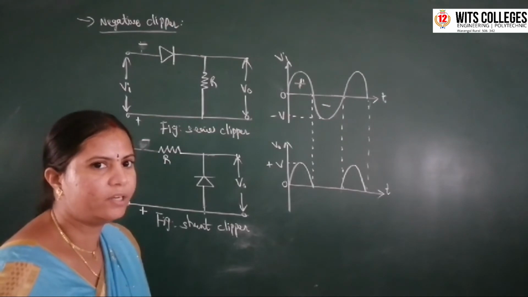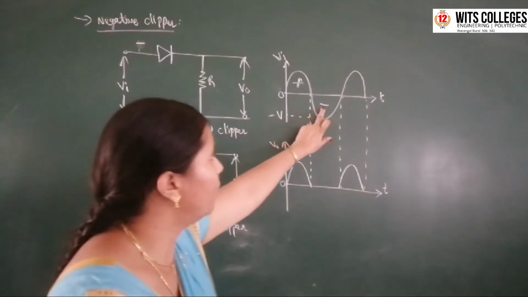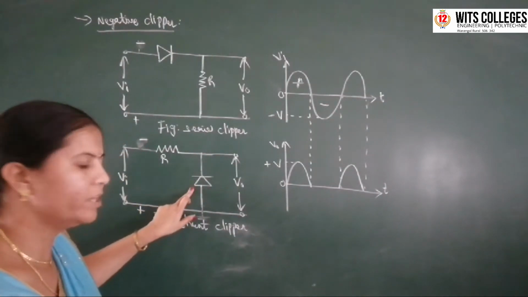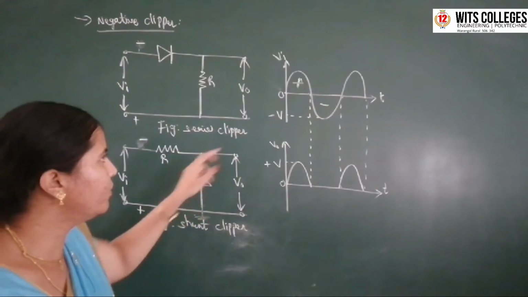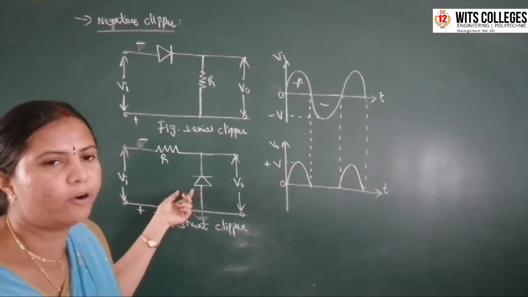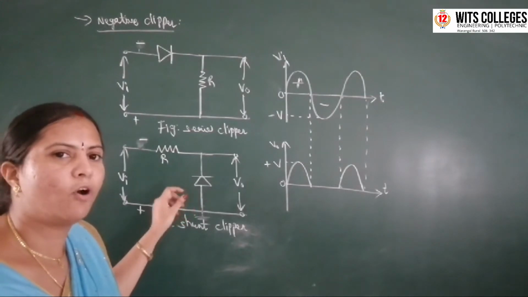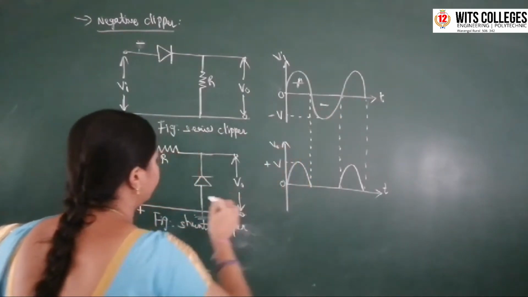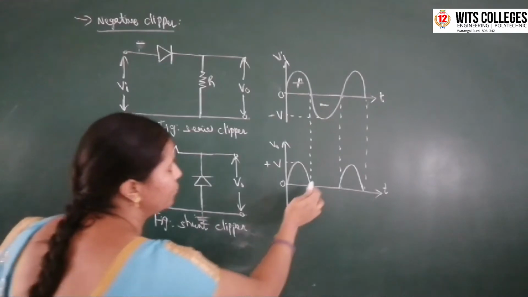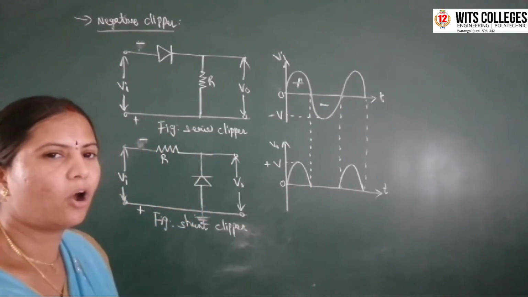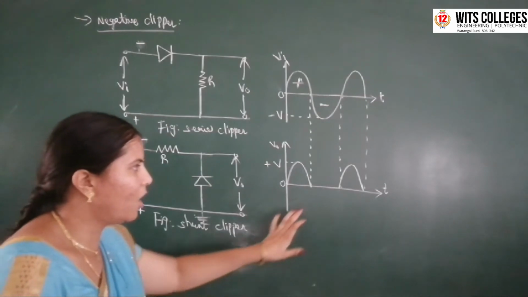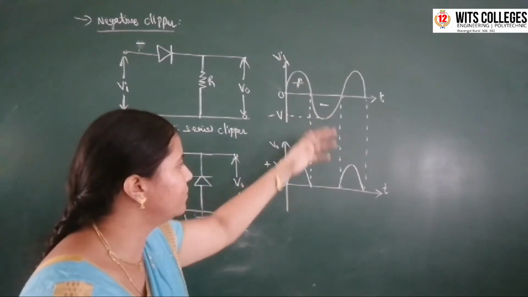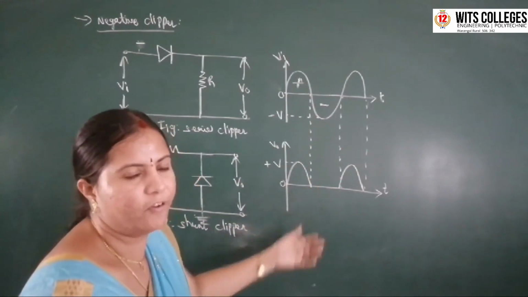So there is a flow of current through the diode and R. Whatever negative half cycle you are giving goes through the ground, so you are not getting any output here. So this operation looks like a half wave rectifier. During the positive half cycle only there is a flow of current, and during the negative half cycle there is none. It is the same as the half wave rectifier operation.